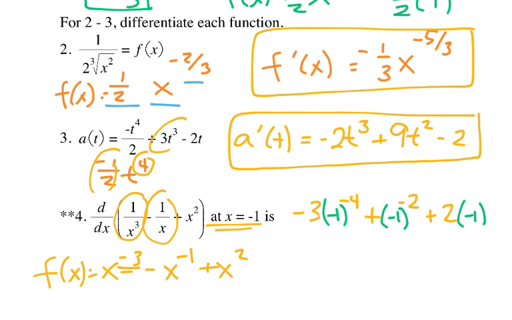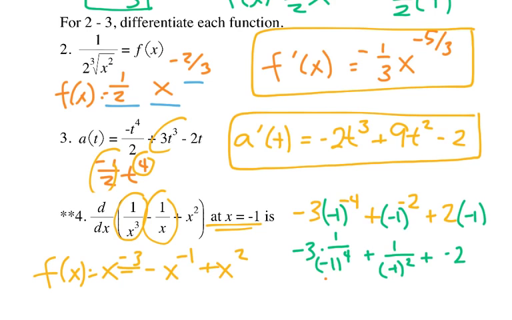And so the result of that is negative 1 to the negative 4th power. Let's rewrite this. So we've got negative 3 times 1 over negative 1 to the 4th plus 1 over negative 1 squared plus, and then 2 times negative 1, that's just negative 2. Now, in this first term, we have negative 1 to the 4th.